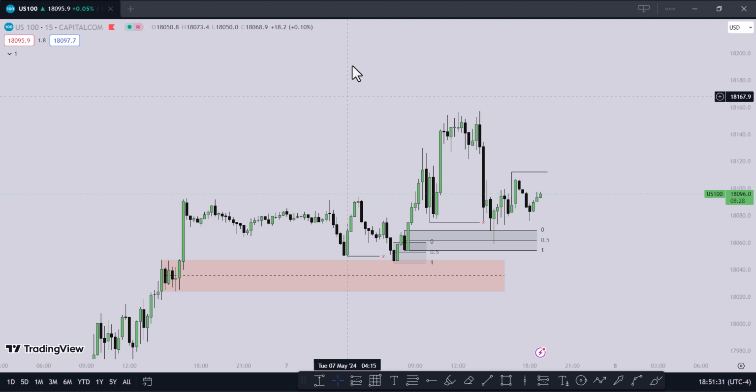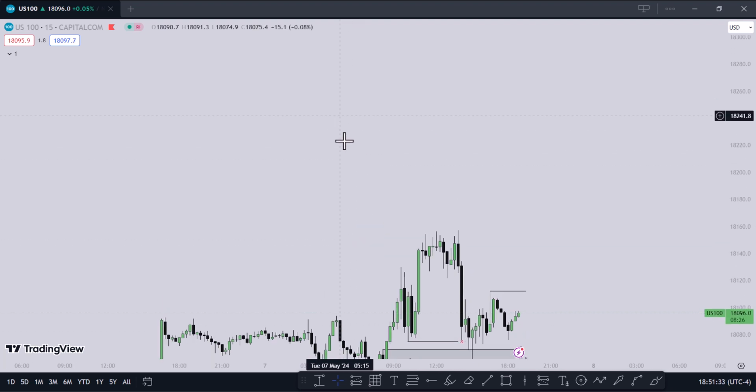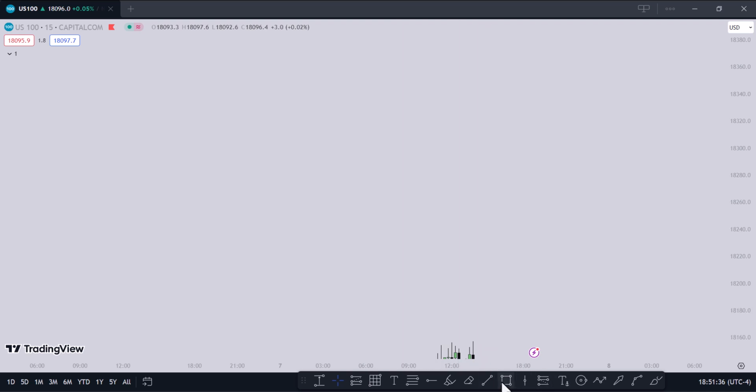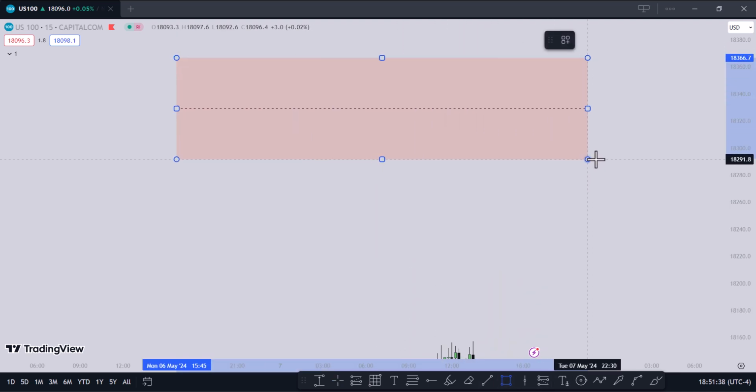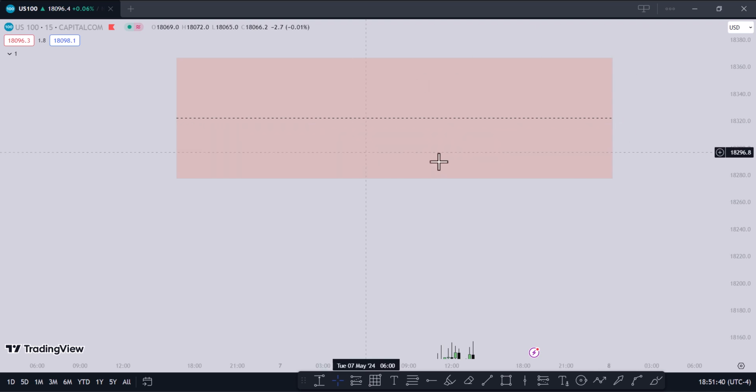All right, so let me give you an example right here. Let's say that we have a bearish point of interest here. This bearish point of interest can be anything. If you are an ICT trader, it can be a breaker block, an order block, or an imbalance. For me, it is a swing point, it could be an SNDR.